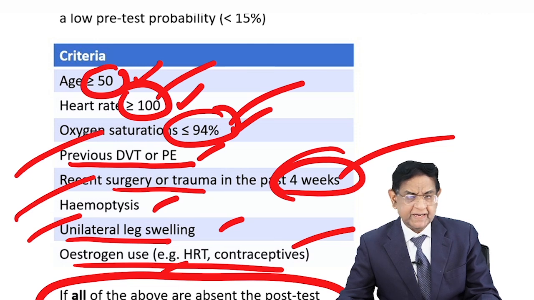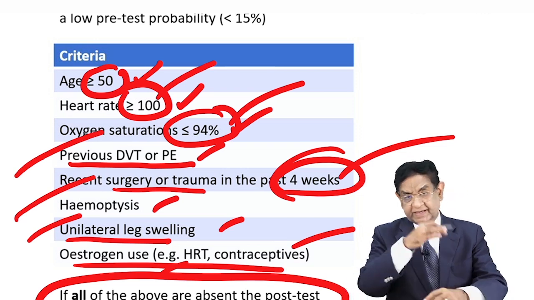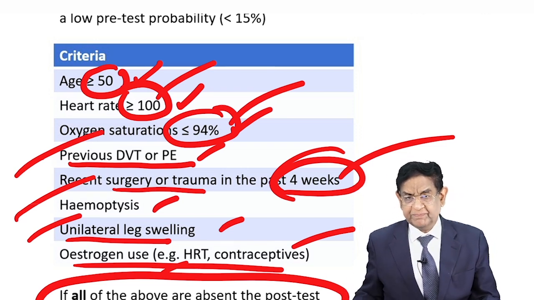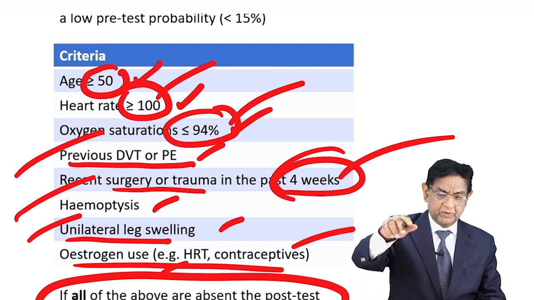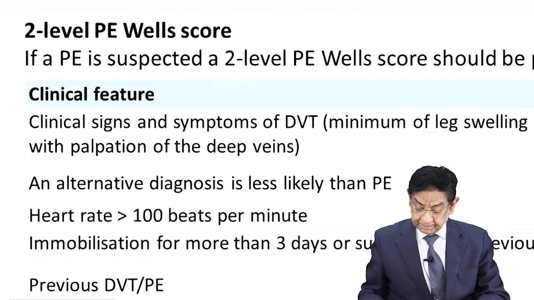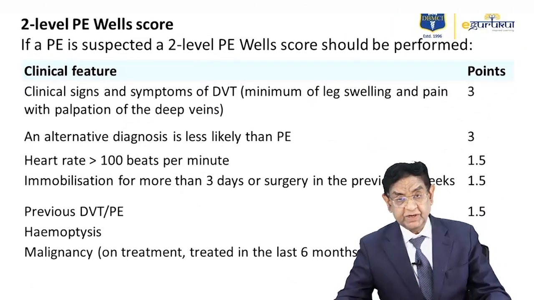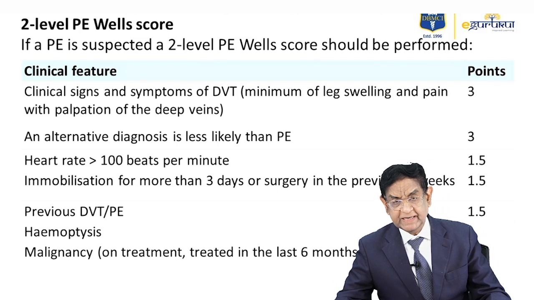Then it is perhaps not a case of pulmonary embolism. So friends, these, or they can be asked the other way around, what are the factors which predispose to pulmonary embolism? These are the factors.